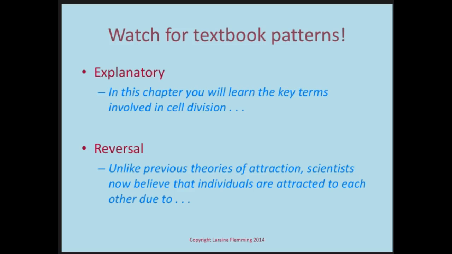Some other textbooks will use more of a comparison contrast, and so they'll say, now we've studied this particular approach to matrimony in these countries. Now let's look at what marriage looks like in these countries. And so you're reversing. Instead of continuing with the same topic, you're branching out and taking a new topic on.